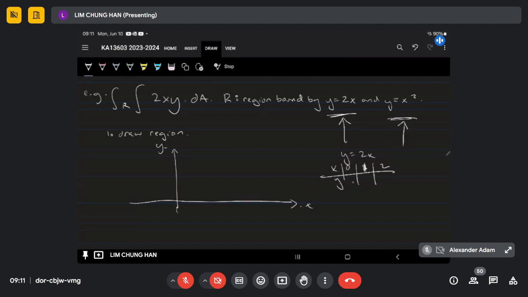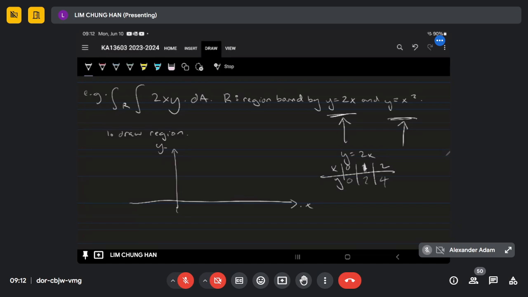So let's do it together. When x equals 0, what is y? 0, right? When x equals 1, what is y? 2. When x equals 2, what is y? 4.